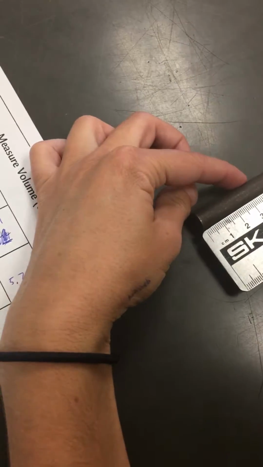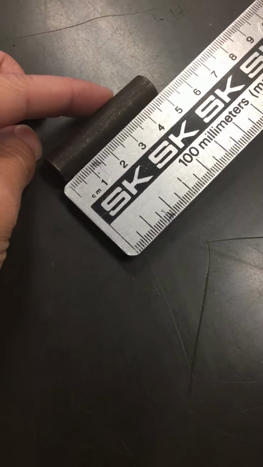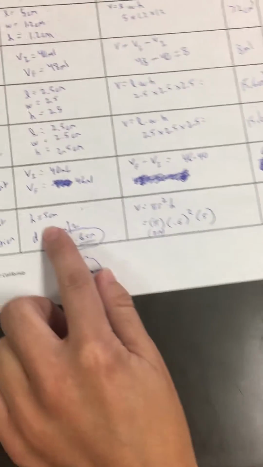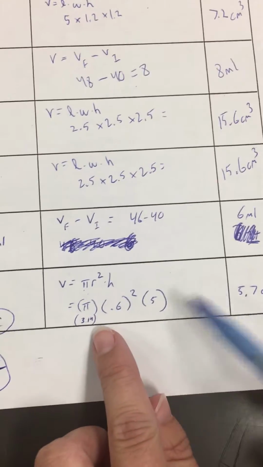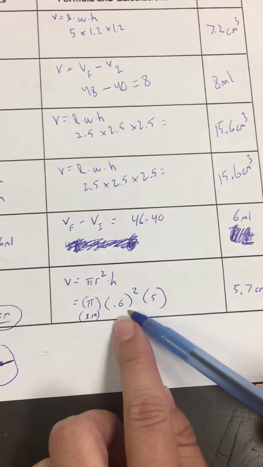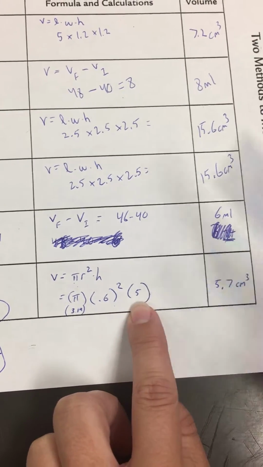So I'm going to tilt this down, and I got 5 centimeters for the height. So I'm going to write that down, 5 centimeters, and now I'm going to calculate it. So pi times 0.6 squared is my radius, times 5, which is the height.